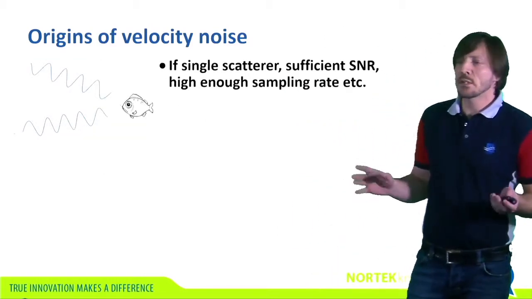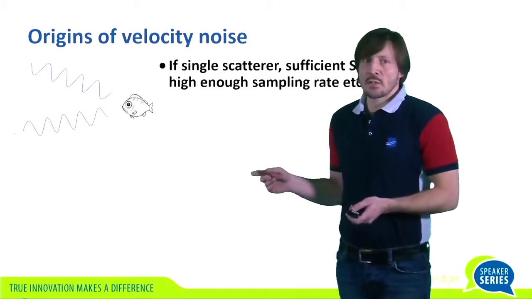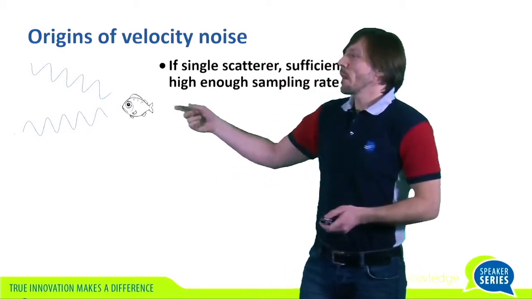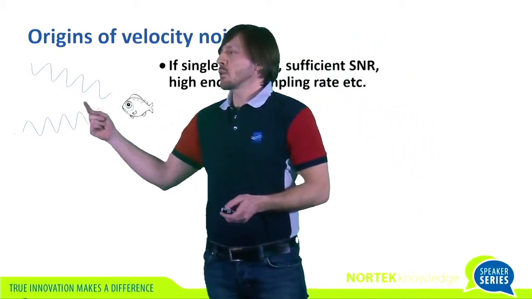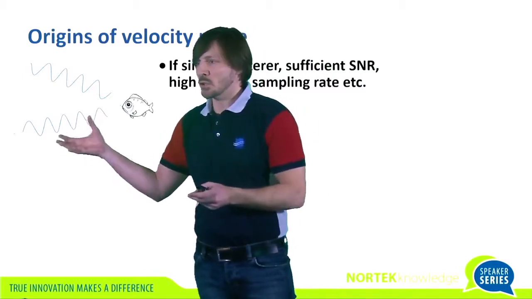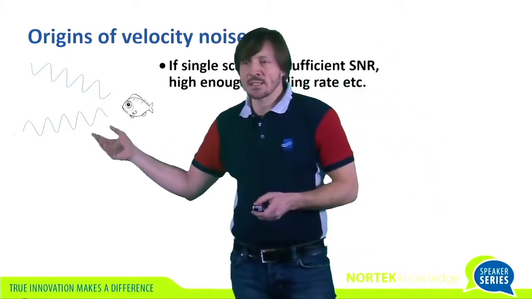Well, let's look at the very simplest possible example first. If I had just a single scatterer, such as this unsuspecting fish here, I transmit a signal and I receive a perfect copy of that, except it might be stretched or compressed according to the Doppler shift. But other than that, it retains its form.